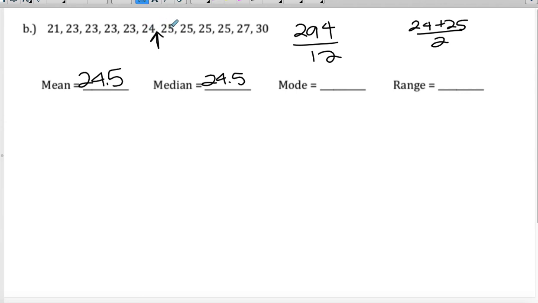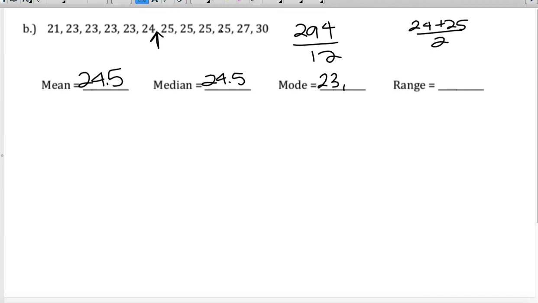If there's a big gap here, let's say this number is 100 and this number over here is 117, it might be nice to add them up and actually divide by 2 to find the number in the middle. As far as the mode goes, I have a 23 repeating 4 times and 25 repeating 4 times. So my mode here is dual mode.